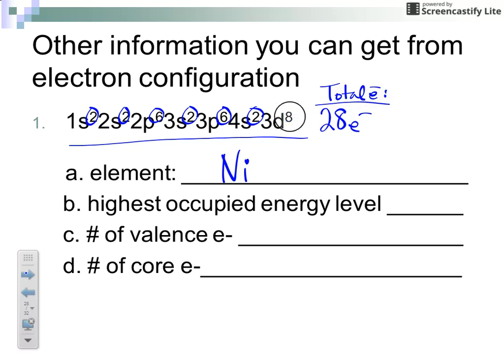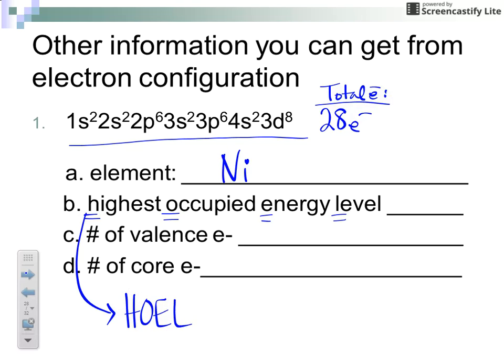Now the next thing I want you to be able to tell me is what the highest occupied energy level is. I will always abbreviate that HOEL for short. Now this represents your valence shell.